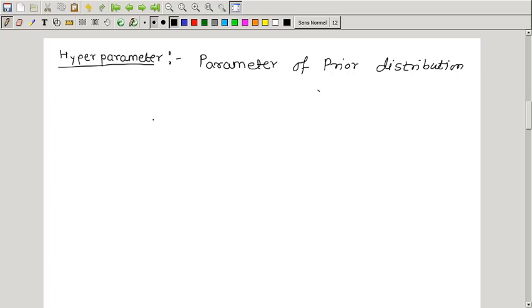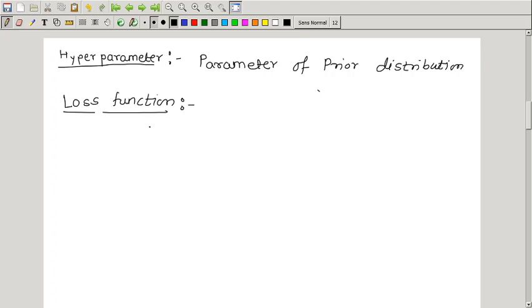So now we come to our topic, that is loss function. To obtain an estimated theta, a loss function must first be specified.